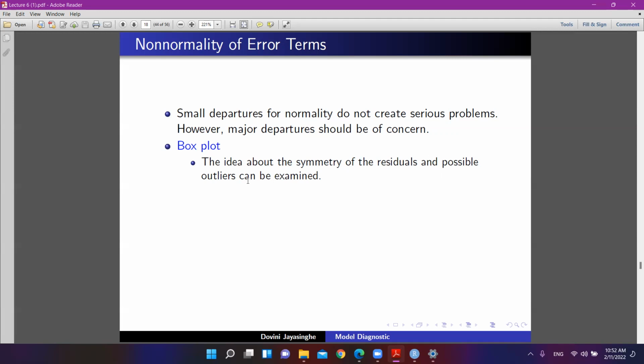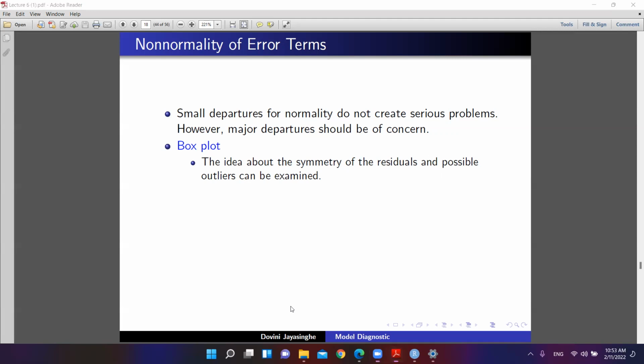Have you all seen box plots? Can somebody respond, please? It's okay if you have forgotten, but have you seen box plots? Somebody please answer. Yes or no? At least in the chat room if you don't like to speak. I'm not going to ask you questions, just want to get some idea.